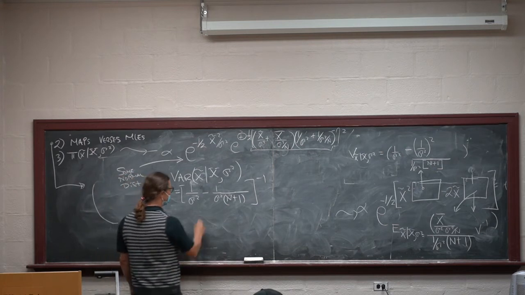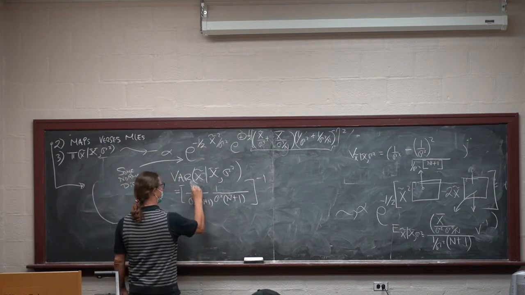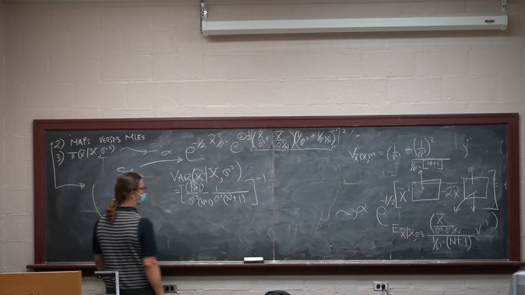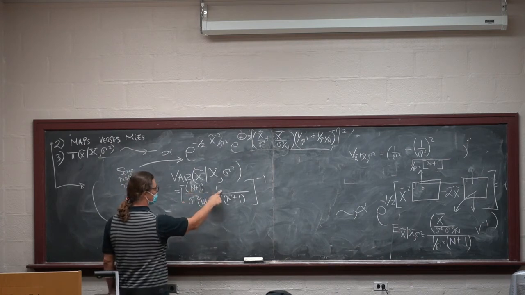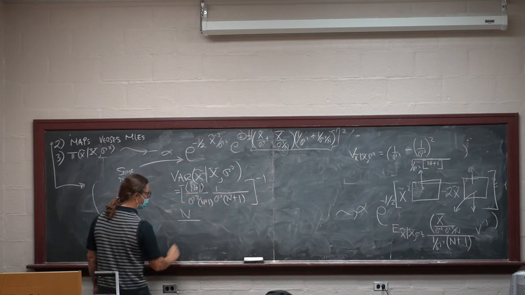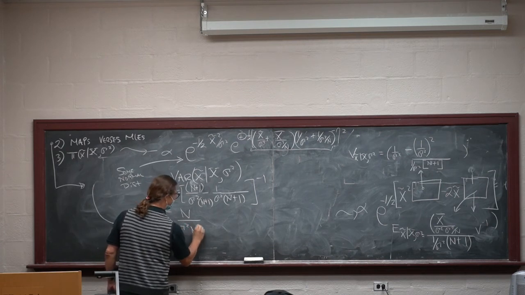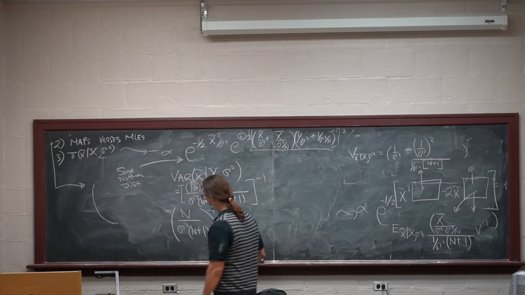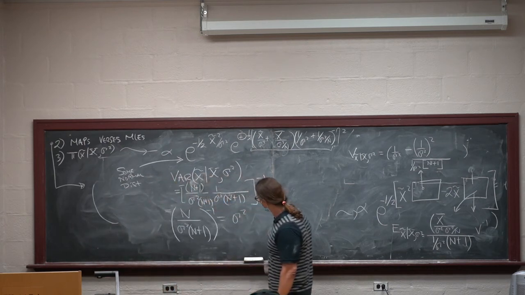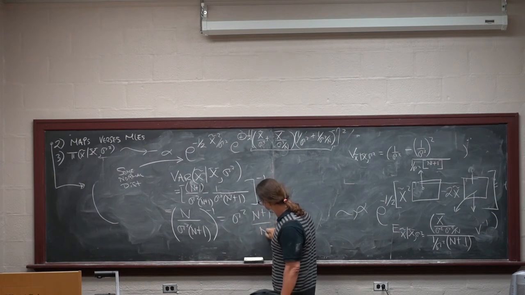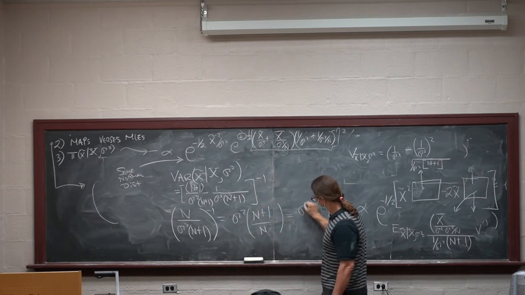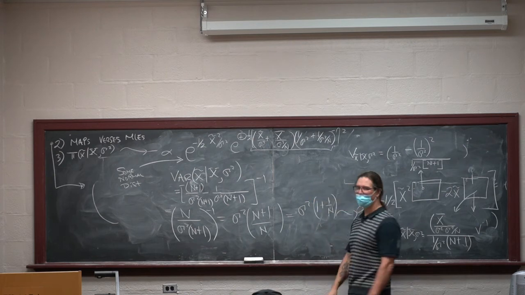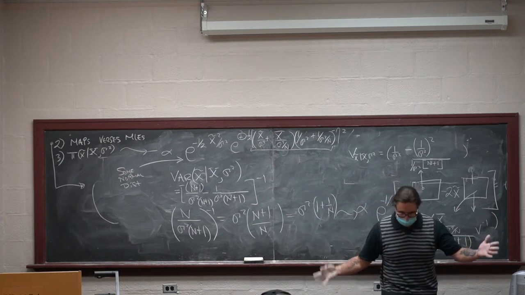So I can n plus 1 here, n plus 1. Starting to feel pretty good about this. This is going to look like n plus 1 minus 1, so this is n over sigma squared n plus 1. Invert. So this is going to look like sigma squared n plus 1 over n sigma squared, 1 plus 1 over n. That's the answer. And that is right.